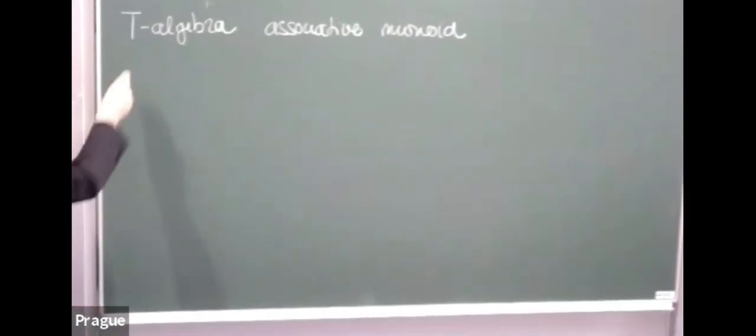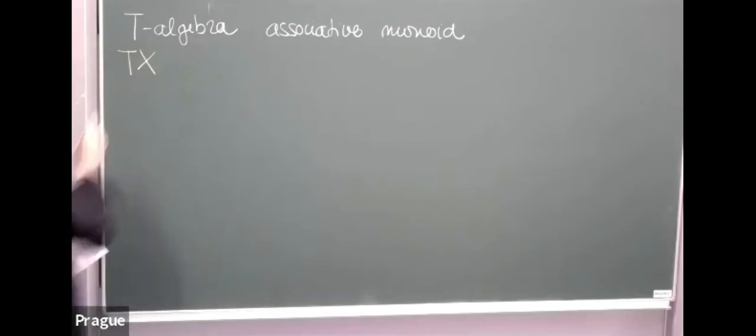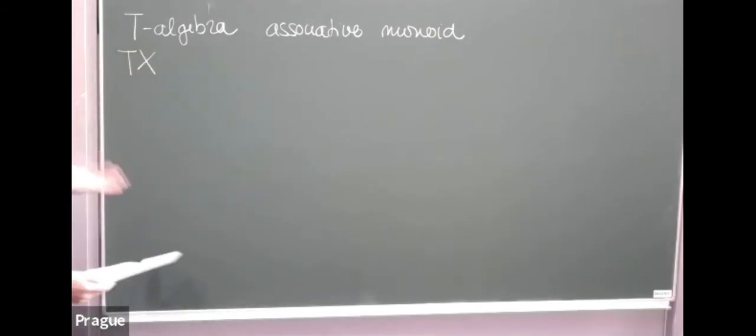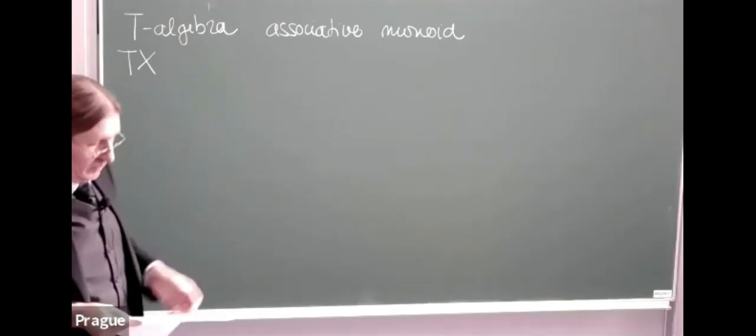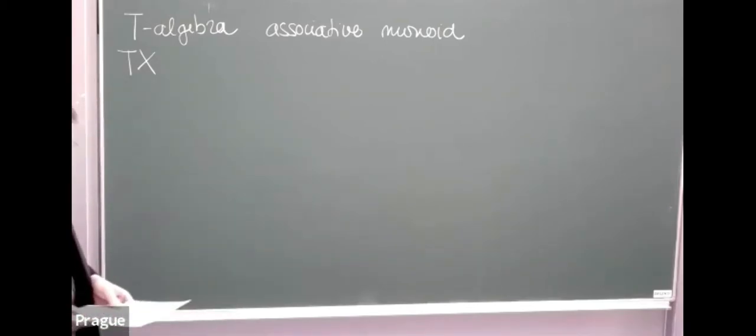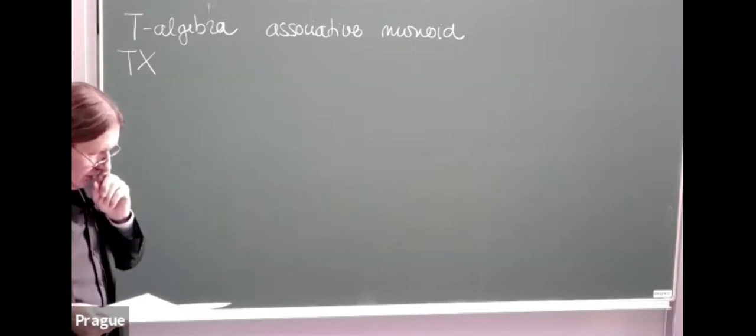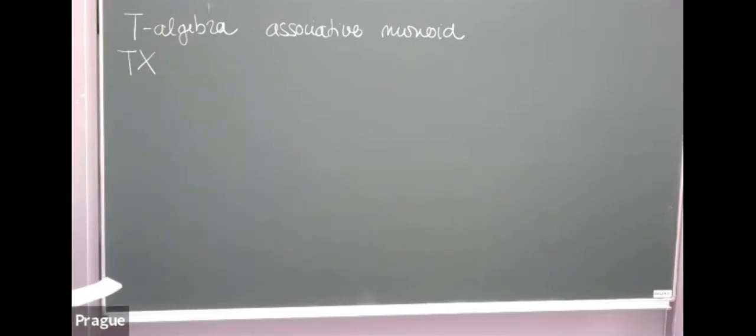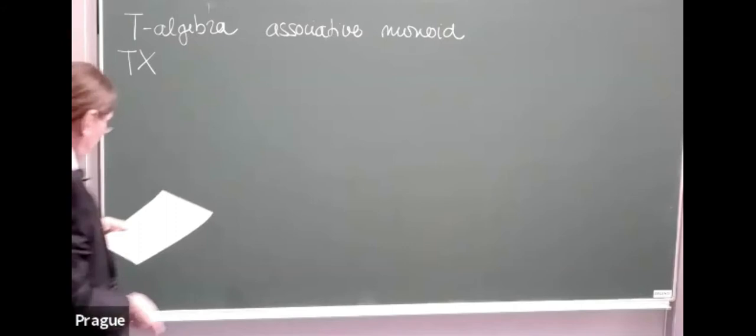And in fact, TX is precisely the free monoid generated by X. This is a general case thanks to a theorem by Eilenberg and Moore, which says that practically each monad is a monad of free algebras in the category of algebras determined by this monad. But I'm not going to delve into this thoroughly anymore.